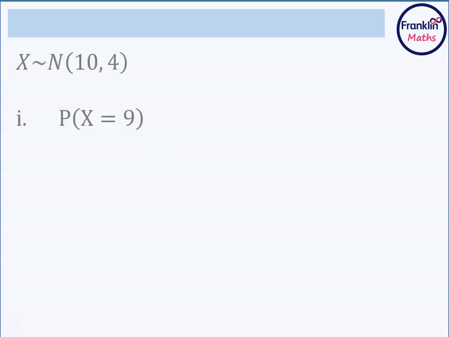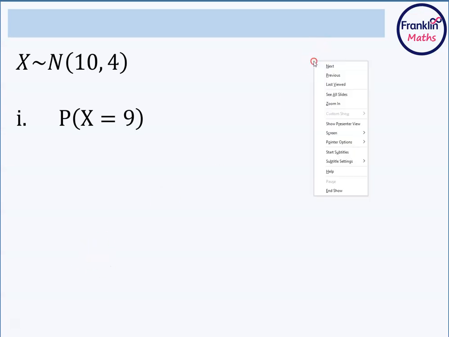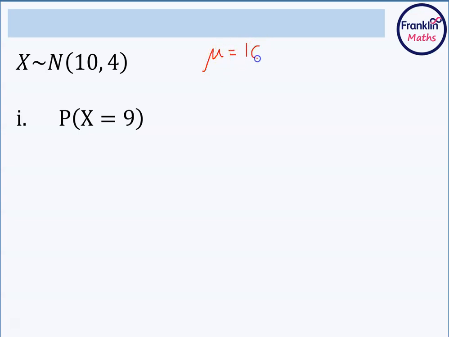So the first question then is X tilde normal distribution. We've got a mean of 10 and a standard deviation of 2. It's worth always, when we start one of these, just to write things down. So mu, the mean, is equal to 10.